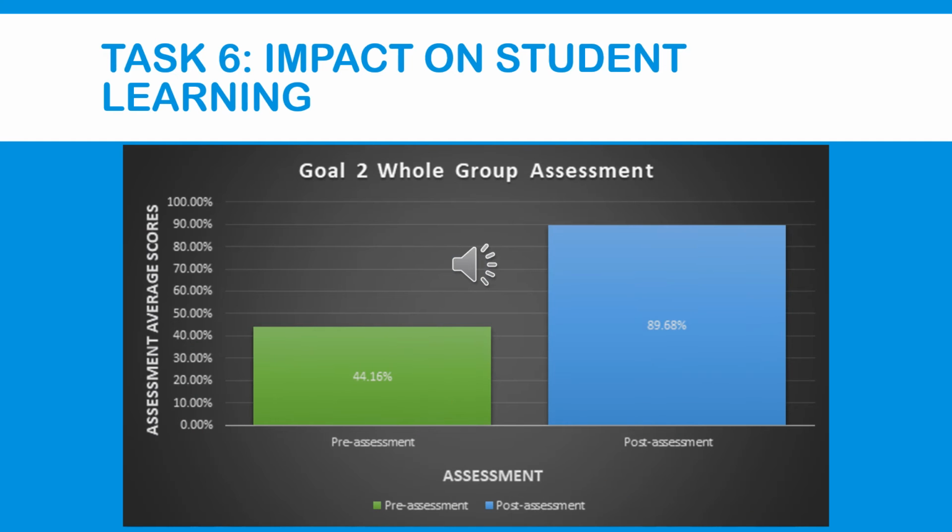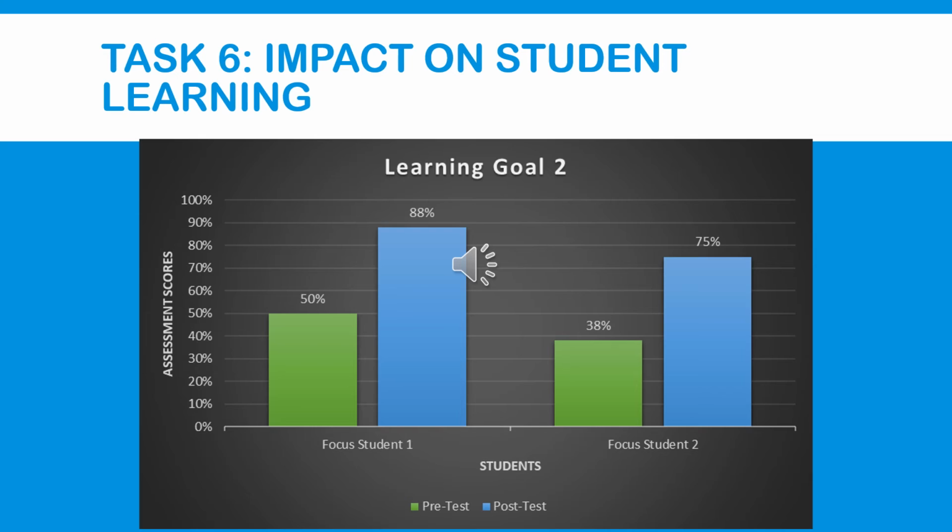Here's a look at learning goal 2 with the whole class. The class started out with 44.16% on the pre-assessment, and for their post-assessment after the lesson unit, the students were at 89.68%. Here's a look at my focus students closer for learning goal 2.